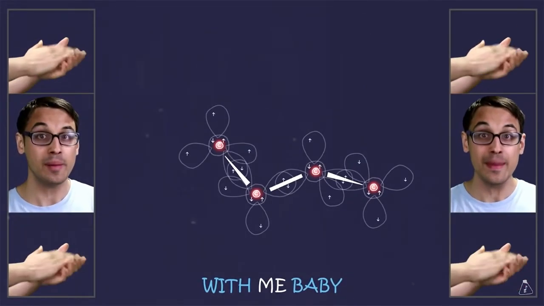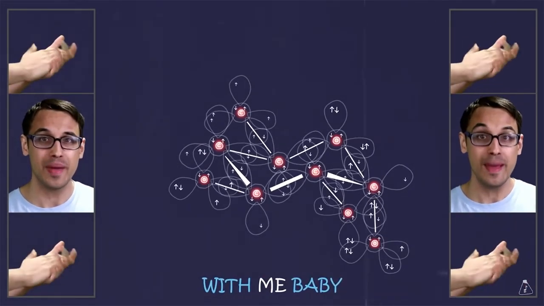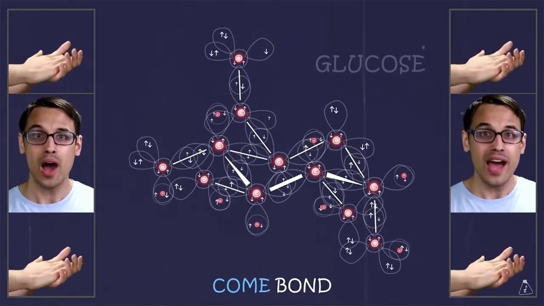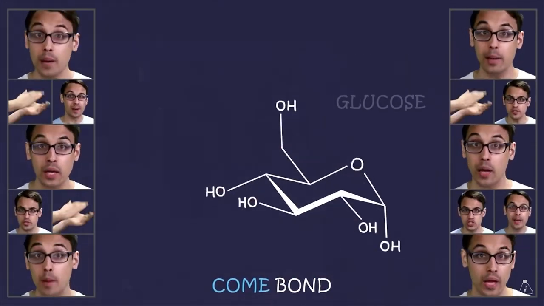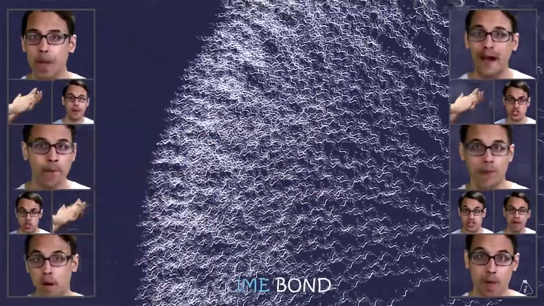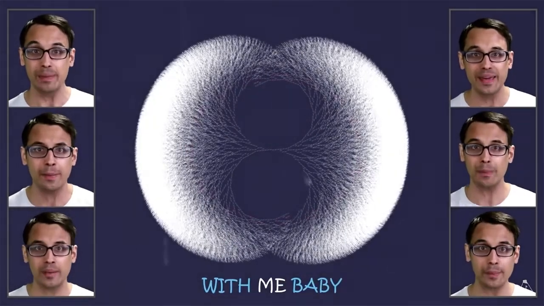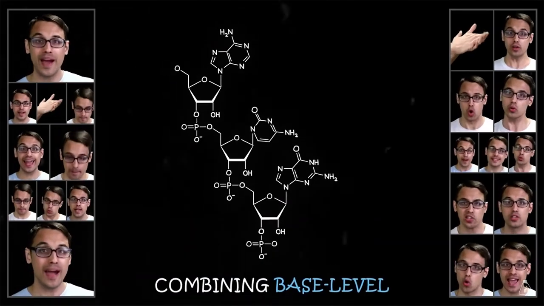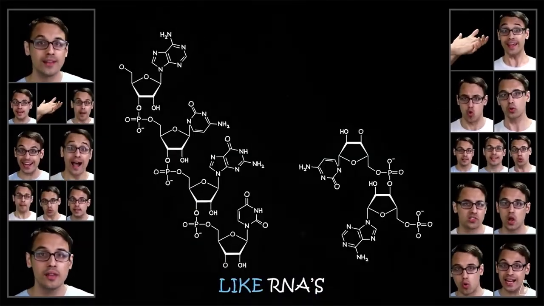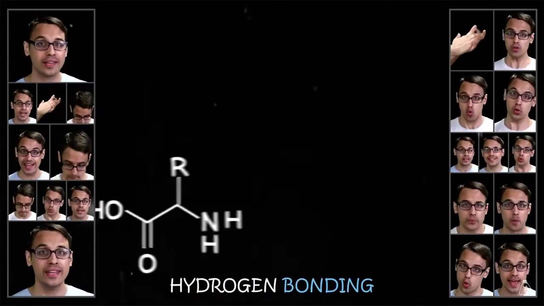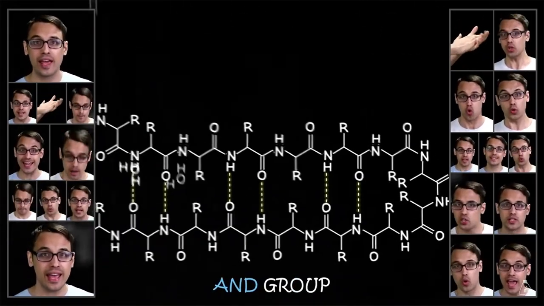Come on with me, baby, come on. Come on with me, baby, come on. Come on with me, baby, come on. Come on with me, baby, come on. Come on with me, baby, come on. Come on with me, baby, come on. Come on with me, baby, come on. Come on with me, baby, come on. When else take the shape they do. Combining base of residues. Like a release, CHU. They're hydrogen bonding. Peptides make a chain and group.